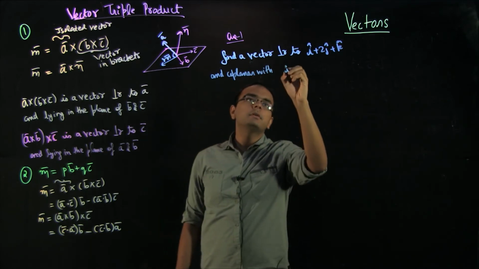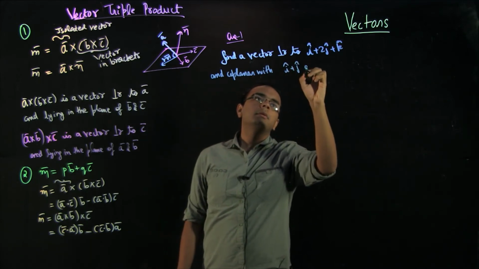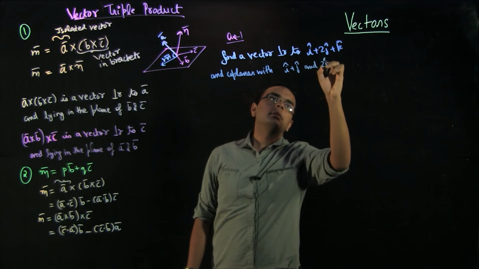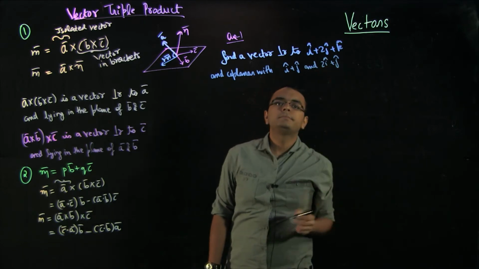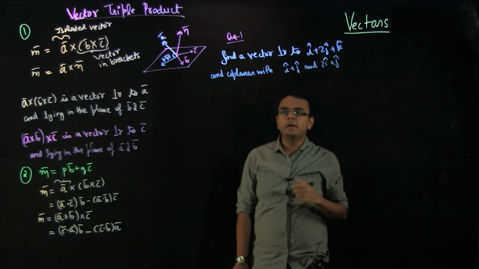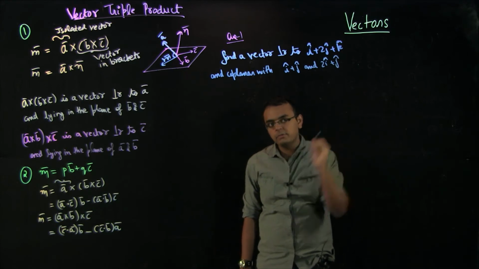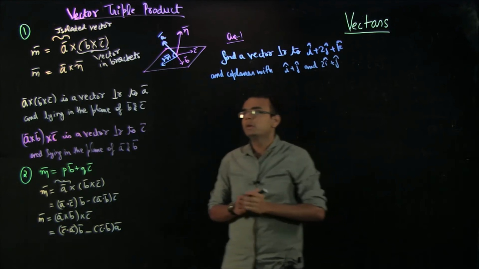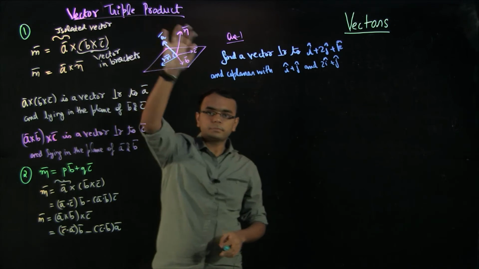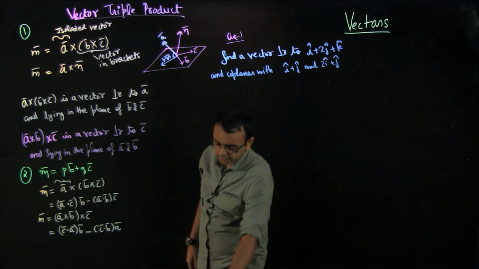As soon as you see this problem, it should spark the vector triple product. And how can we do this problem?